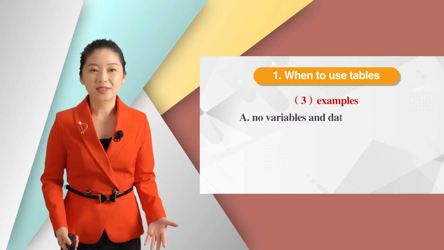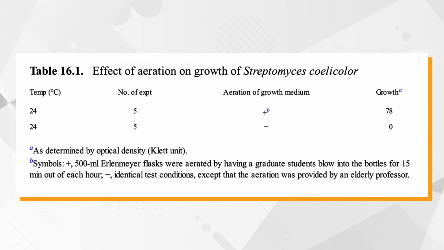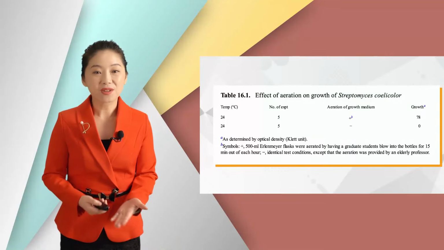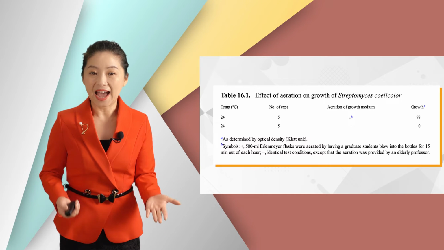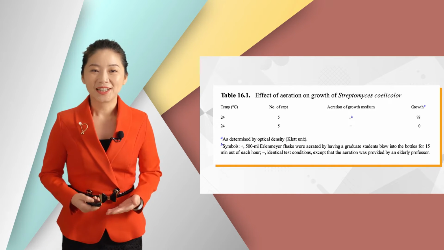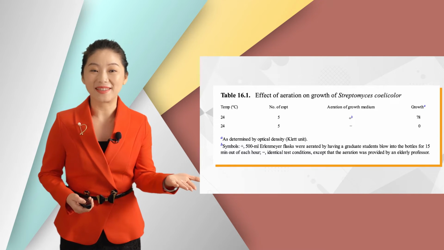Tables should not only give standard conditions without variables and data. Table 16.1 is faulty because two of the columns give standard conditions, not variables and not data. Suppose temperature is a variable in the experiments.